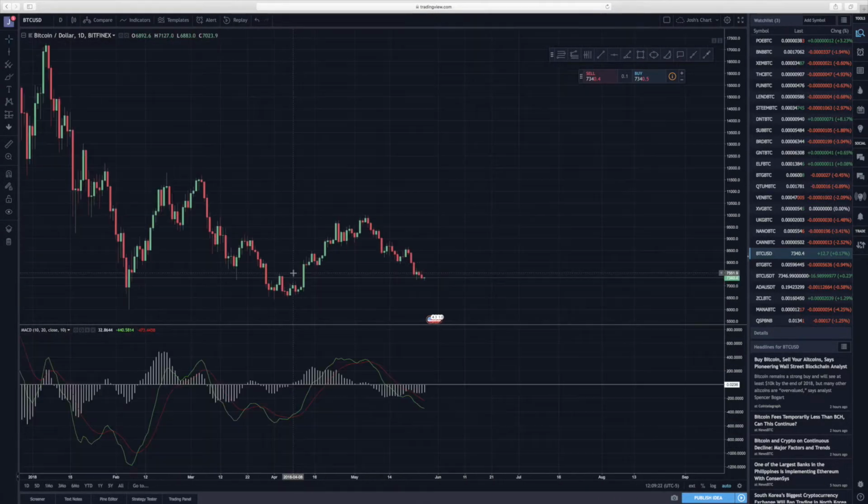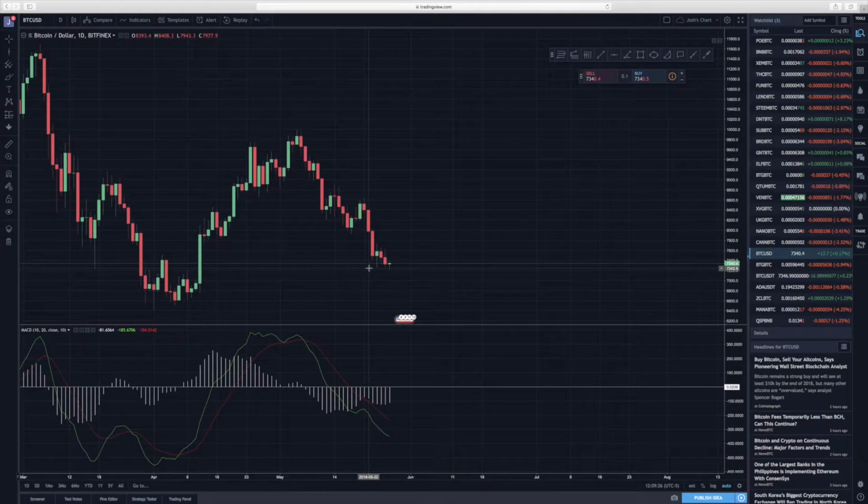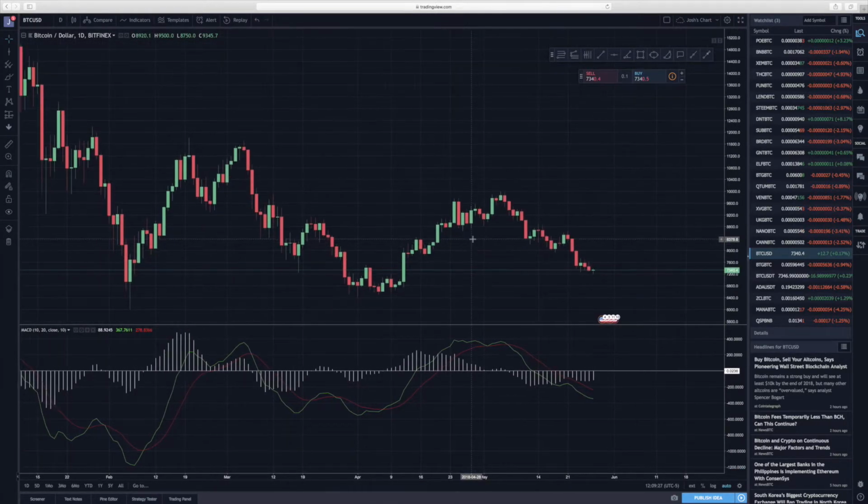Also, there's one more way to see a trend ensuing. This is called divergence. So as you can see here, we got a lower low, right? At this point, it's not following the trend of the graph. The line is pretty even.